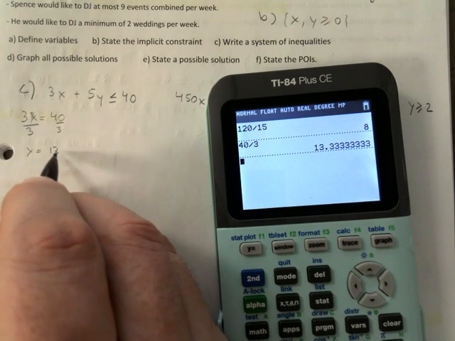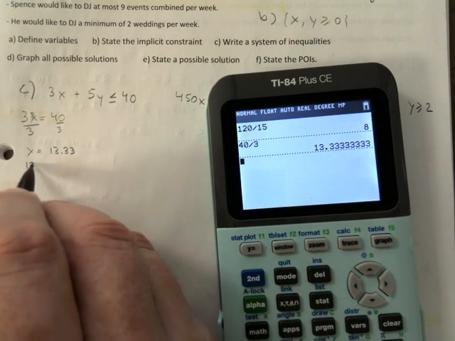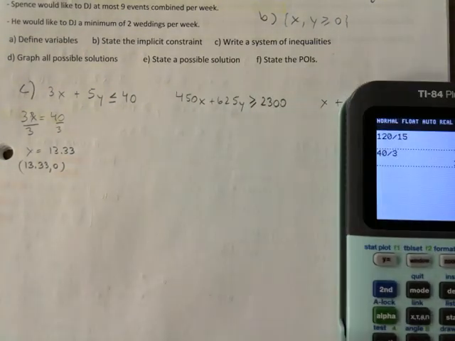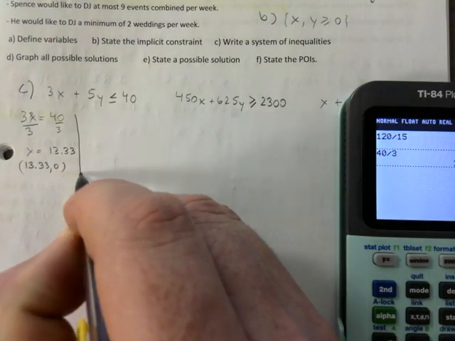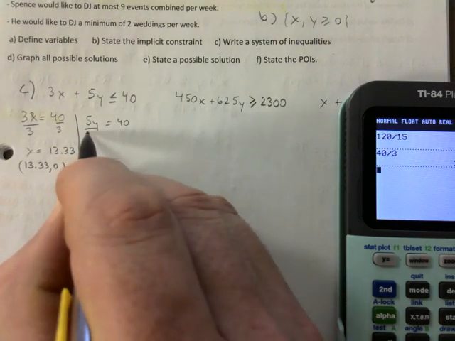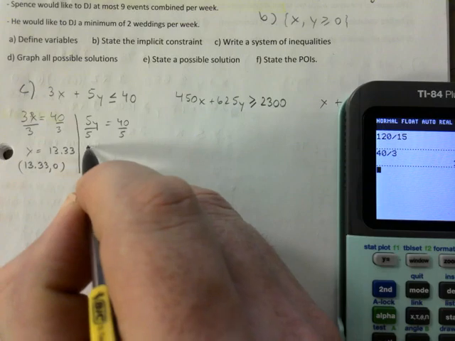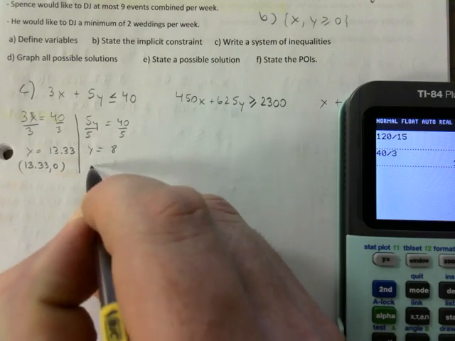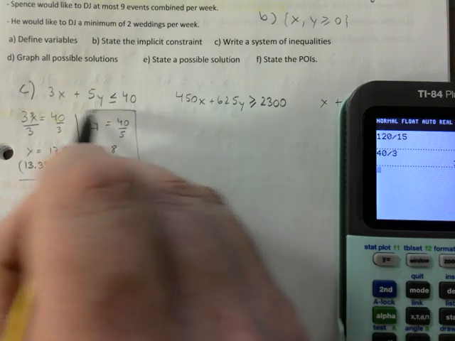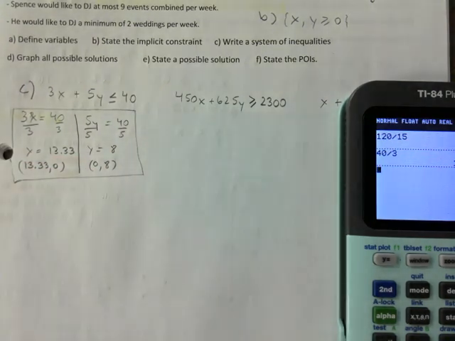So that'd be 13.33. So that is my x-intercept. And then it's 5y is equal to 40. So y is equal to 8. That's 0, 8. And here's where the intercepts are going to help you big time to determine what scale I am supposed to use.